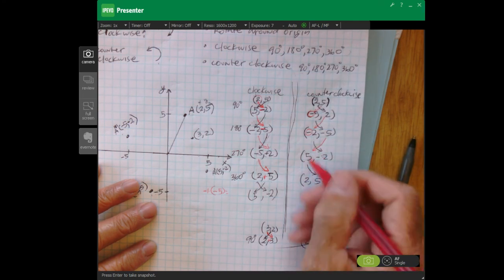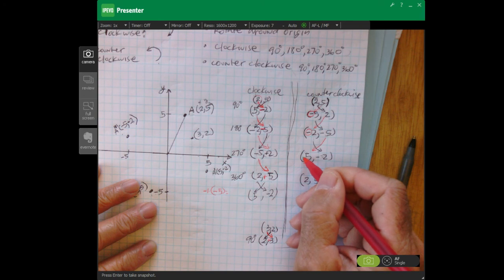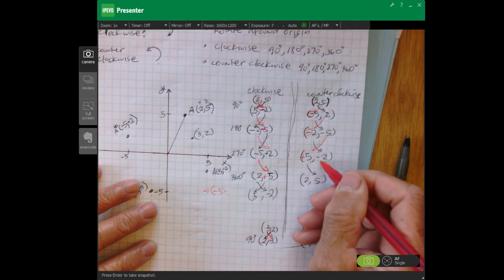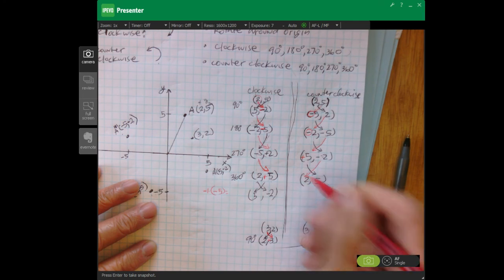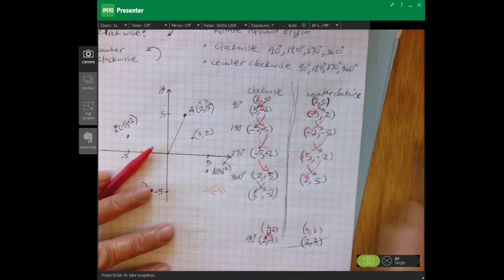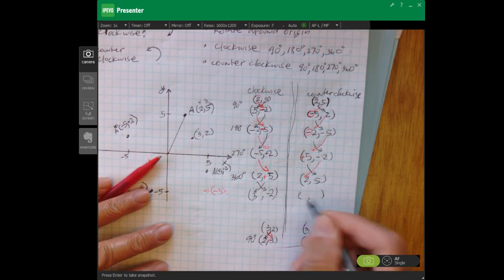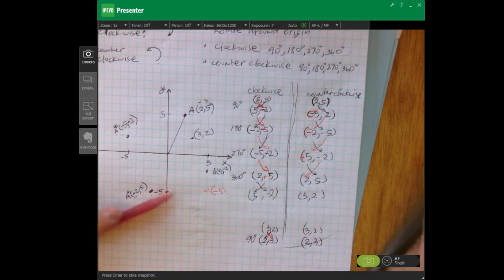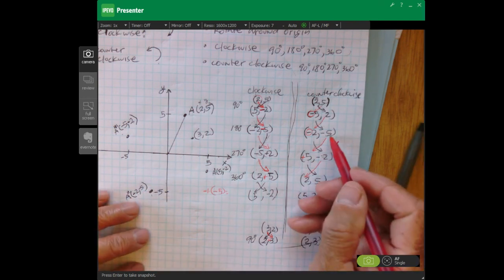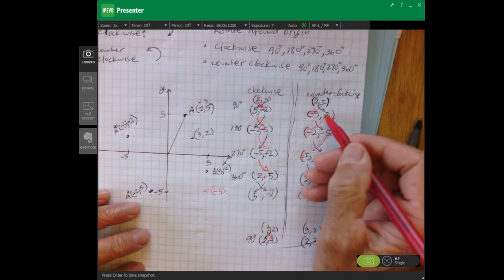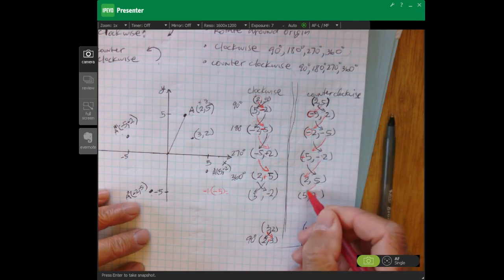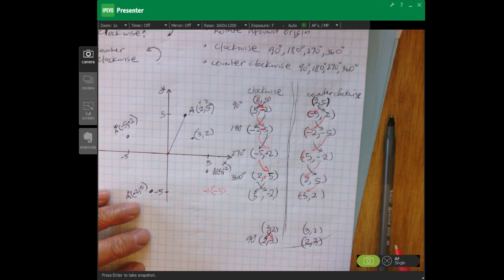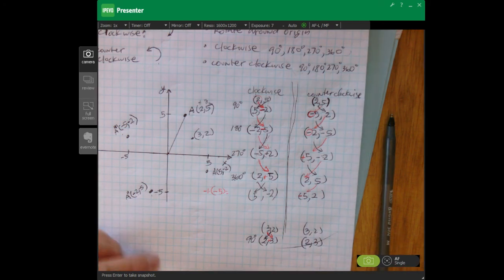Negative 5 became positive 5, right? It changed. So this one right here changed. So if we're going to do this here, we're going to switch the numbers 5 and 2, and then which one changed? This is the one that changed, right? So this one's going to change right here. Okay? So I hope you see that rule.